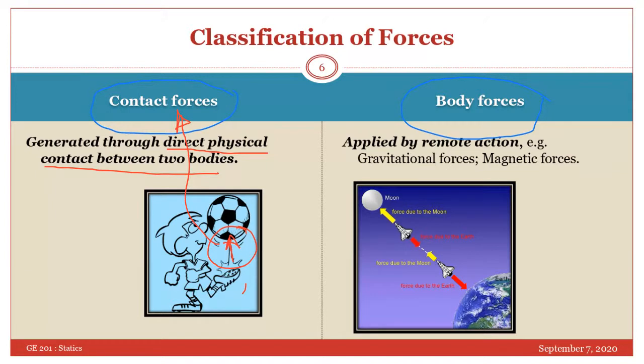They just keep pressing some buttons and the car goes forward, backward, moves from A to B. Or you have seen a remote controlled helicopter. You just press the buttons and the helicopter goes up, comes down, goes forward. So the forces applied over the helicopter or the car are without touching them, so they will be considered body forces.